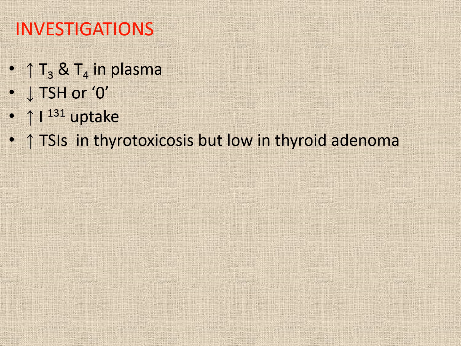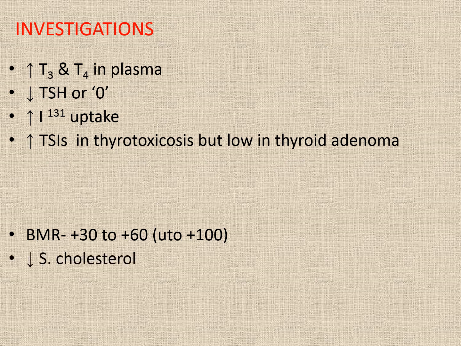Supportive investigations: increase in basal metabolic rate, plus 30 to plus 60, but in severe hyperthyroidism it can be up to a 100% increase in the BMR. Decrease in the blood cholesterol level. On the ECG, tachycardia, sometimes arrhythmia.